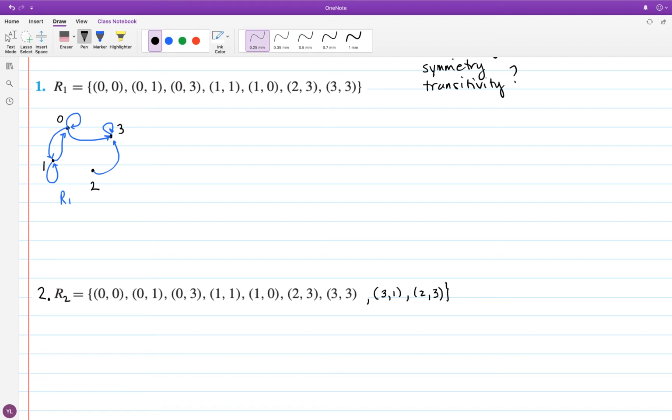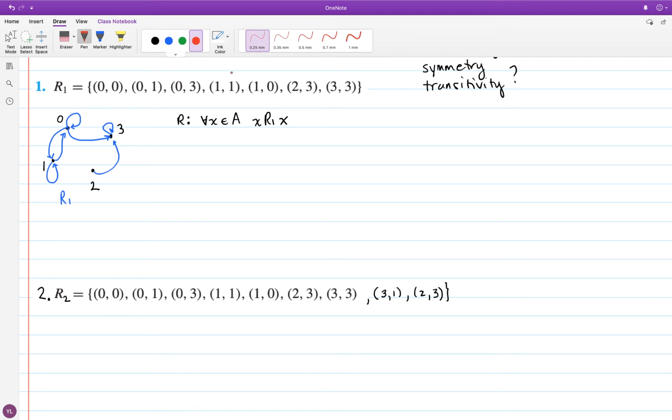Let's check the properties of reflexivity, symmetry, and transitivity one by one. Reflexivity would say that for all x in A, x is related to x. I'm writing the character R for reflexivity. So is it the case that for every single number in A, 0, 1, 2, or 3, that number is related to itself?